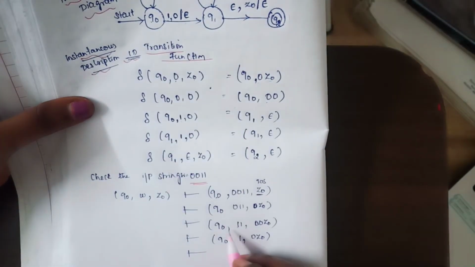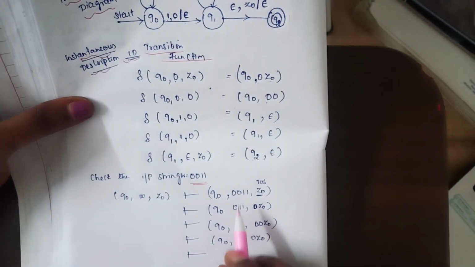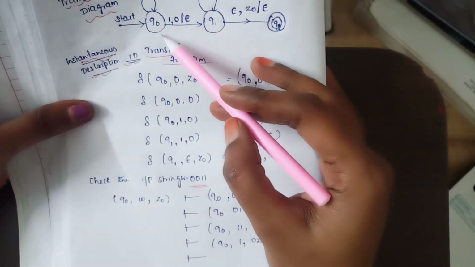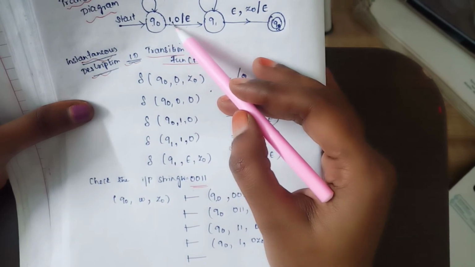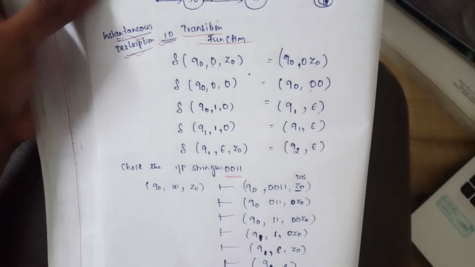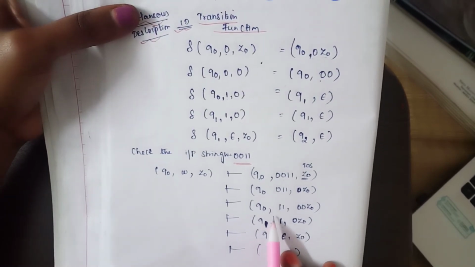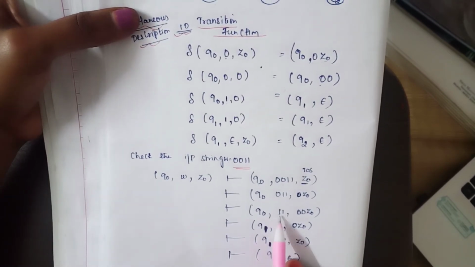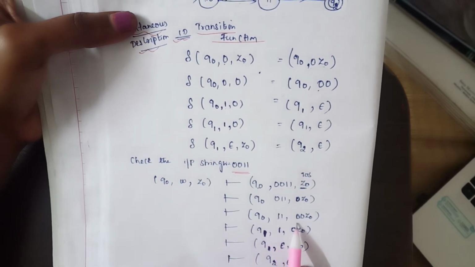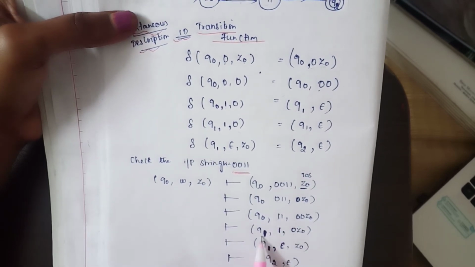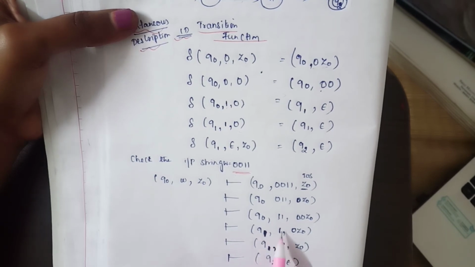On 1, whenever q0 sees 1 as an input symbol and the top of the stack is 0, we'll have q1. Why?